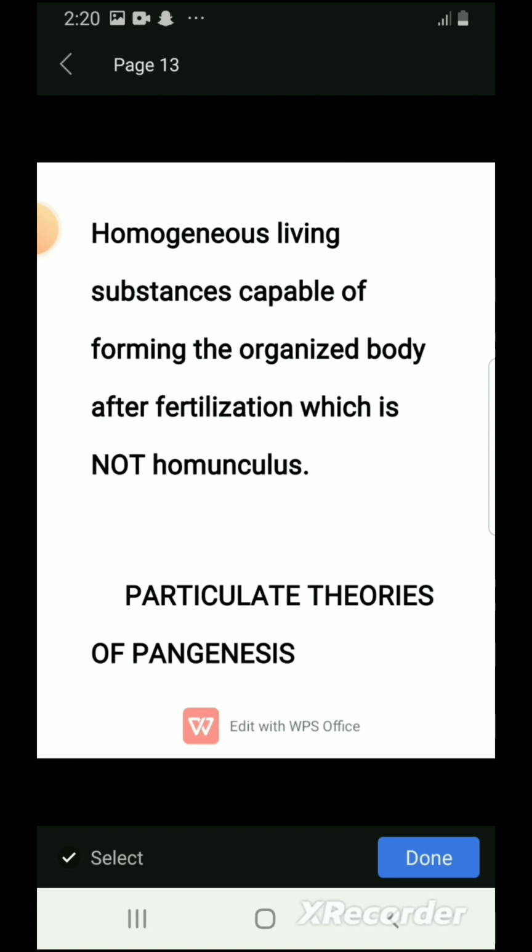Rather, there is a homogeneous living substance capable of forming the organized body after fertilization, which is not the homunculus. He stressed that this homogeneous living substance undergoes development during fertilization to give birth to the embryo.